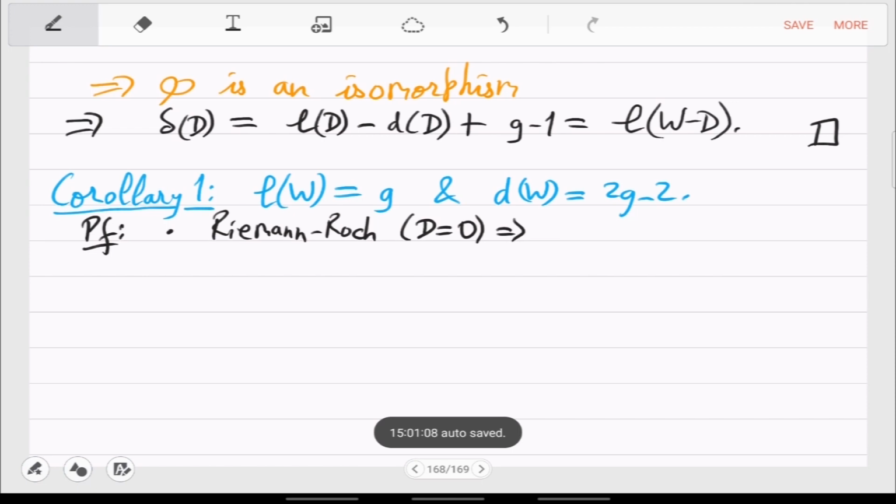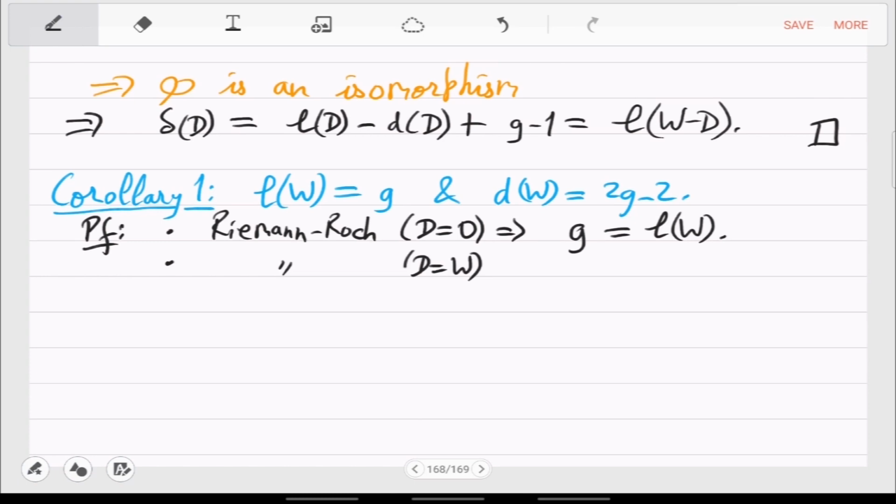So left hand side is G, L of W, right? That's the first property. Second is Riemann-Roch for D equal to W. This will give you L of W, which is G minus degree of W, that is unknown, plus G minus 1 equal to L of 0, which is 1. So which gives you that degree is 2G minus 2.